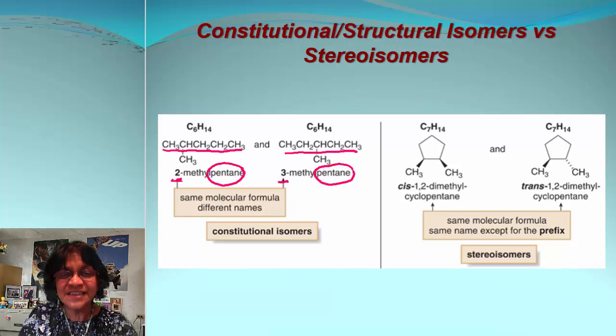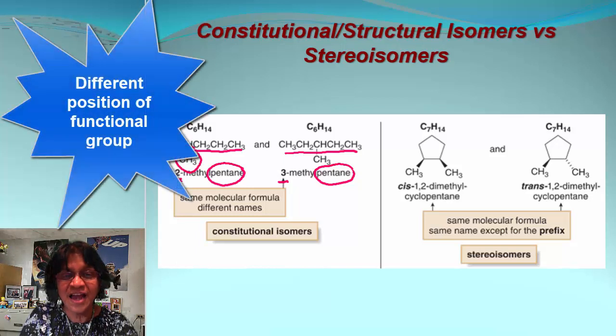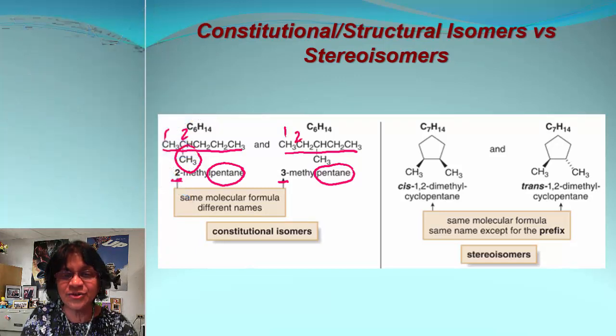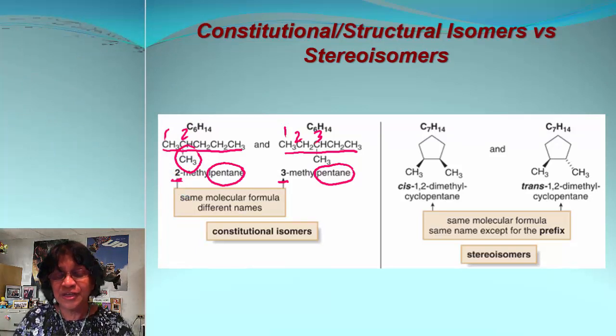Why is that? There is a methyl group attached as a substituent, and if you number these, then this is attached to the second carbon, whereas this is attached to carbon number 3. So this becomes 2-methylpentane and this becomes 3-methylpentane. The molecular formula is the same, but look at that. It has two different structures. That is about structural isomers.